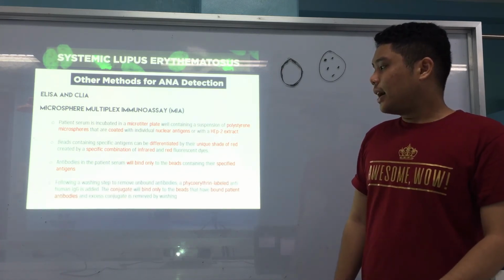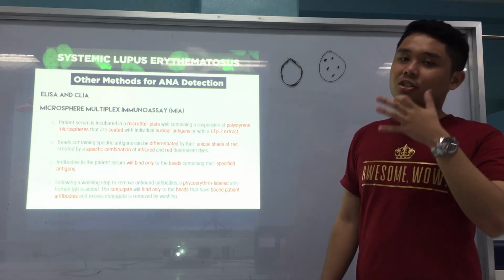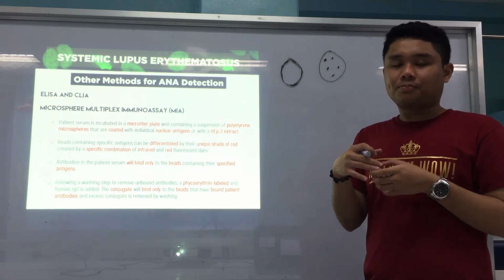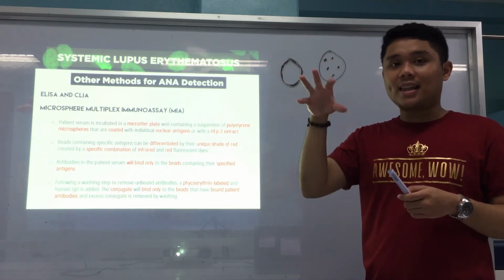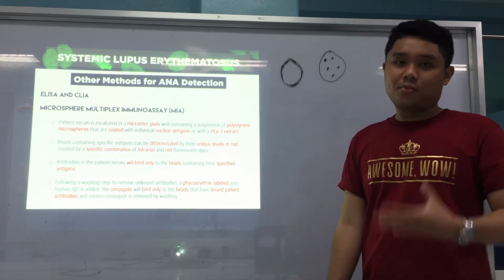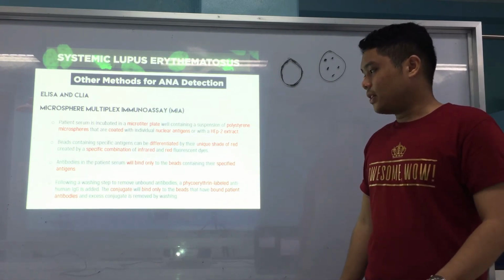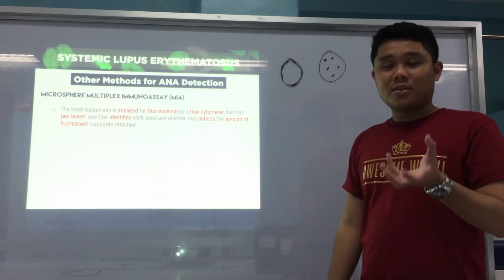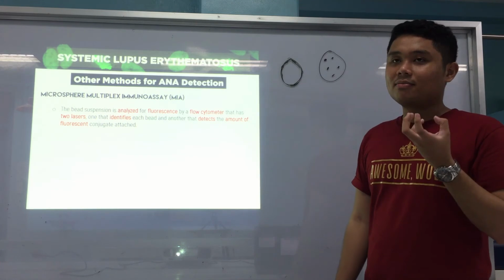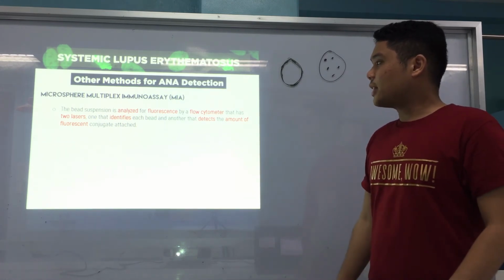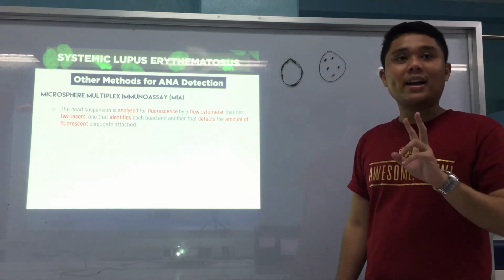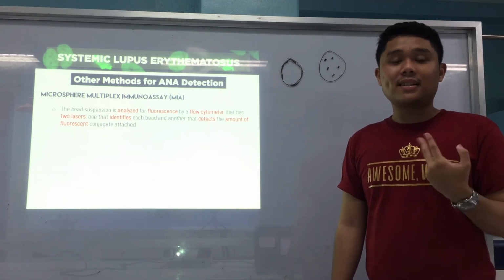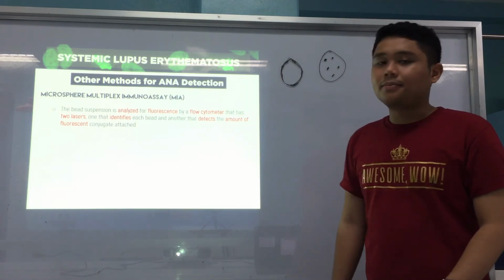And of course, there's a washing step after the antibodies have bound on the surface of your microsphere. You wash, and of course, you then add the phycoerythrin fluorescent-labeled AHG. Okay. And then the bead suspension is analyzed for its fluorescence by a flow cytometer that has two lasers, one that identifies each bead, and another laser that detects the amount of fluorescence that is emitted.